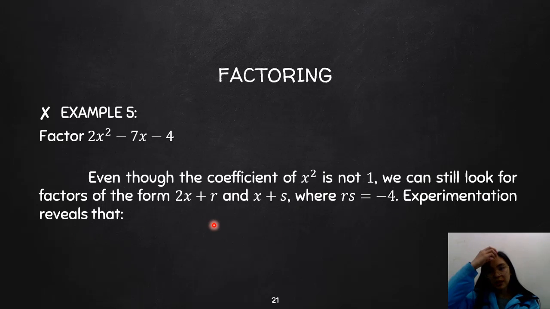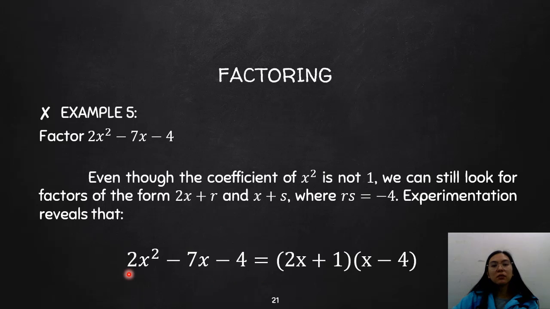When you try experimenting, it would reveal that 2x squared minus 7x minus 4 is equal to 2x plus 1 multiplied by x minus 4. So that's how you factor this out.